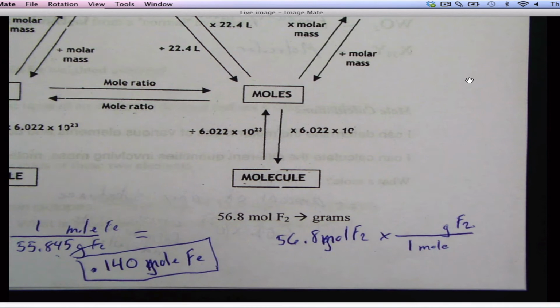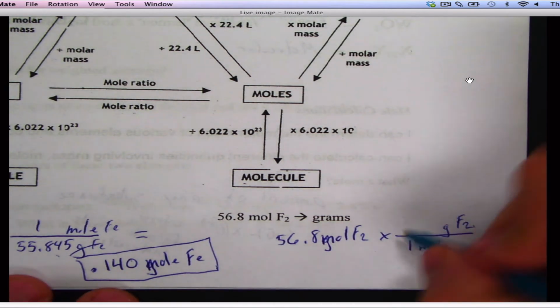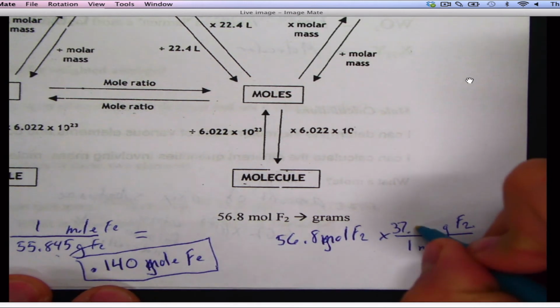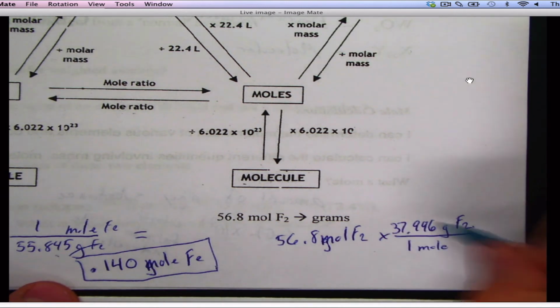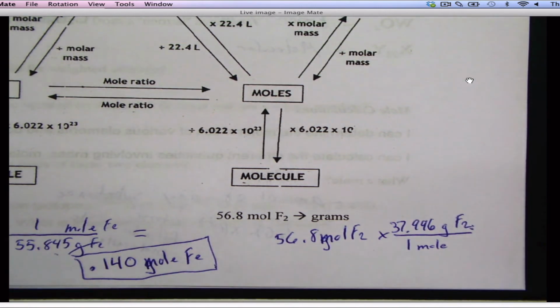So 2 times what is fluorine? 18.998, which would be 37.996. So that's my weight of F2, 2 fluorines.